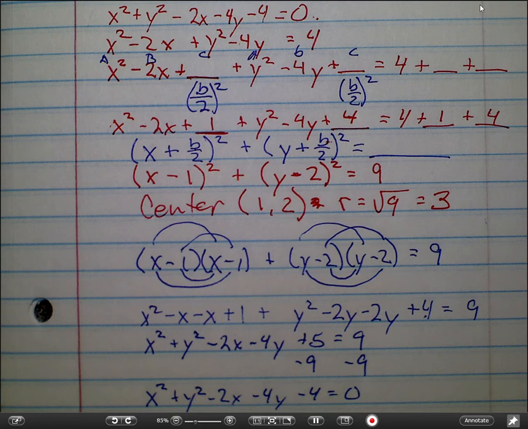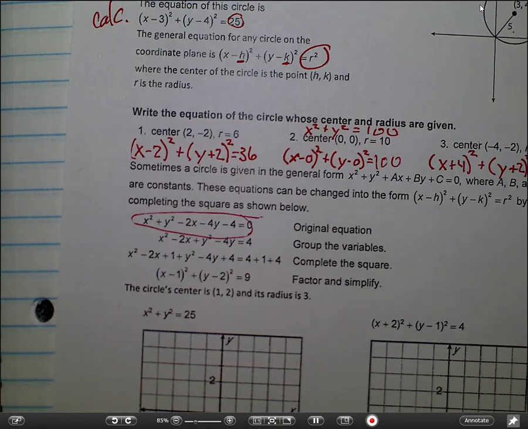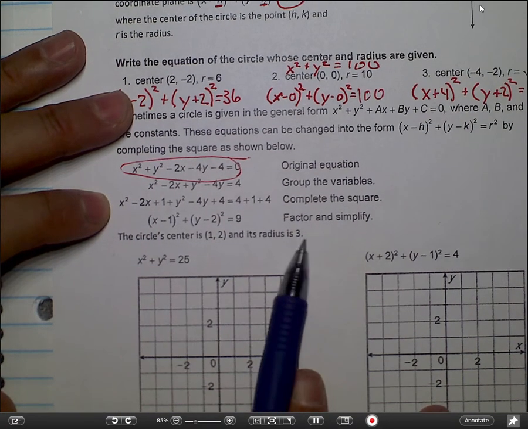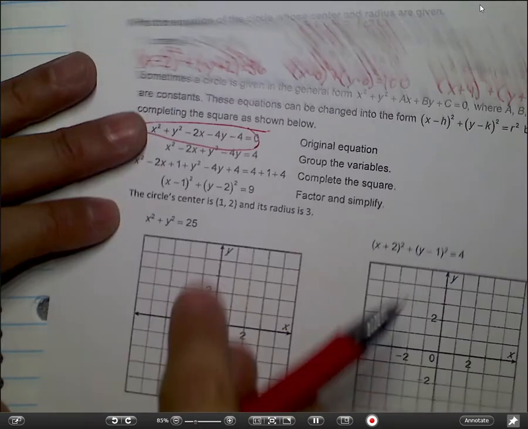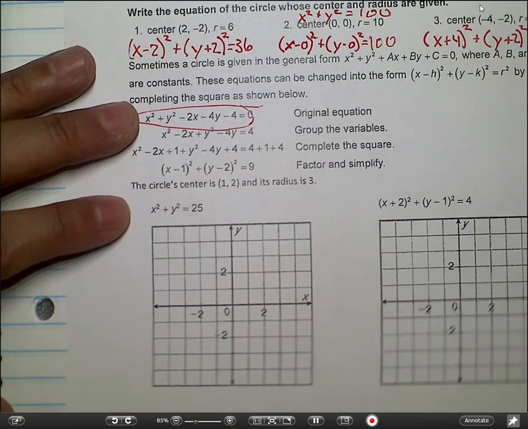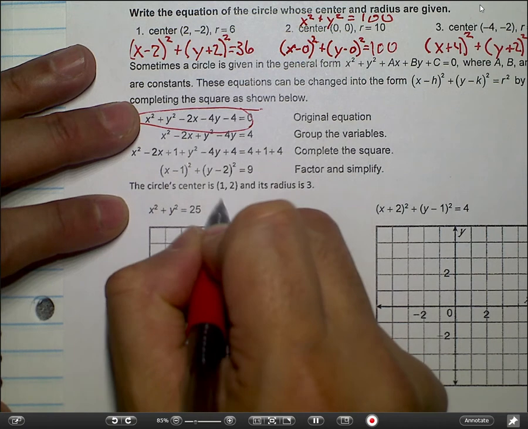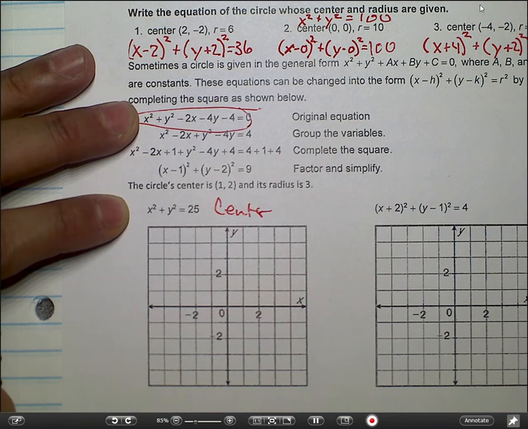So let's go back to this. The center was at 1, 2, and the radius was 3, right? Okay, good. Now, let's look at this one. Where's the center of this one? 1, 2. Try again. We're doing this problem right here.